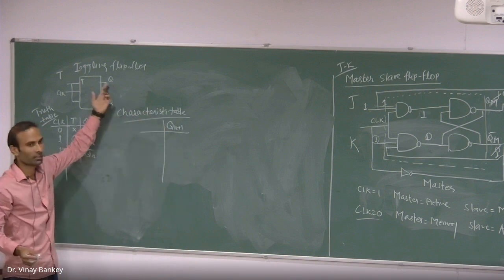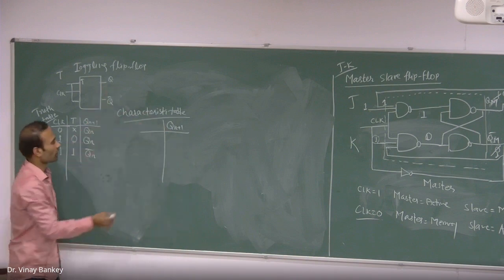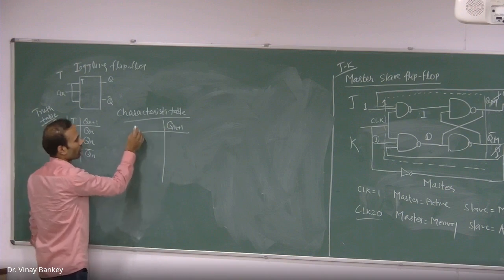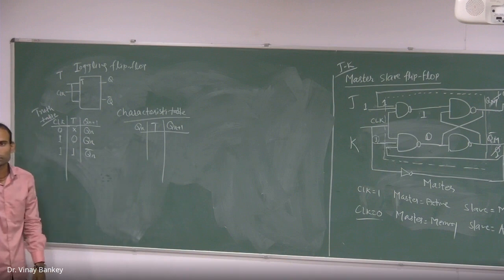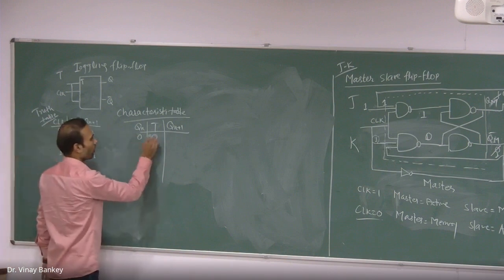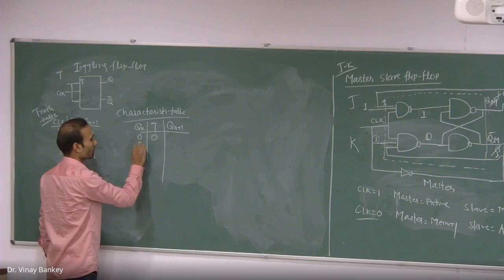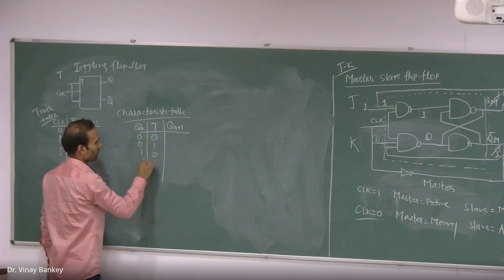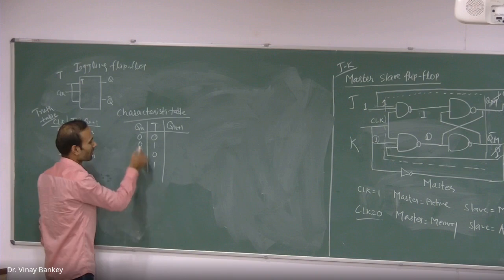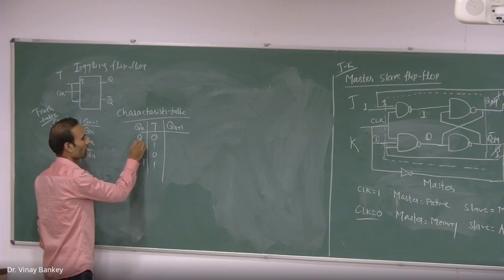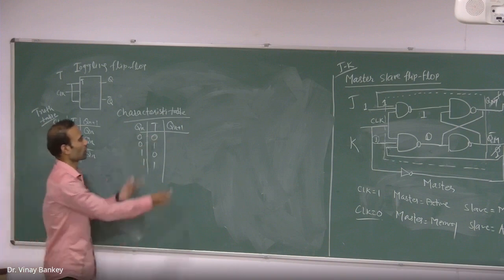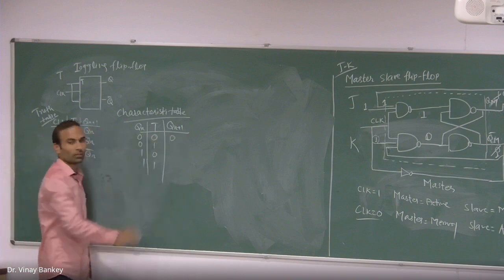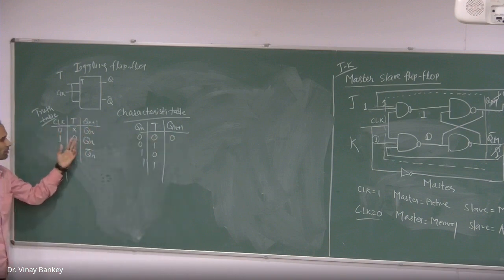That is what we are interested in, the next state. And that will depend on what? The previous state and the input. Always. So there will be 4 combinations. If the previous output was 0 and you apply 0, the Qn plus 1 will be 0, because this is the memory state.